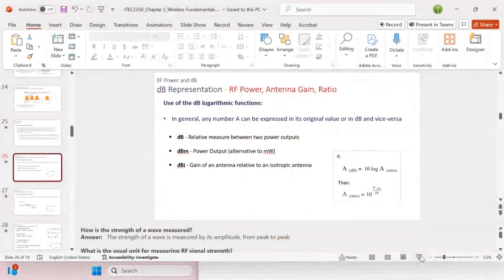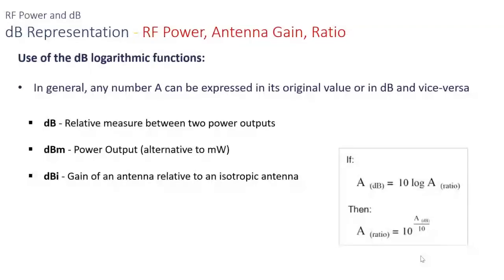Okay. What about dBi? As we mentioned earlier, dBi is related to the gain of an antenna relative to the isotropic antenna.